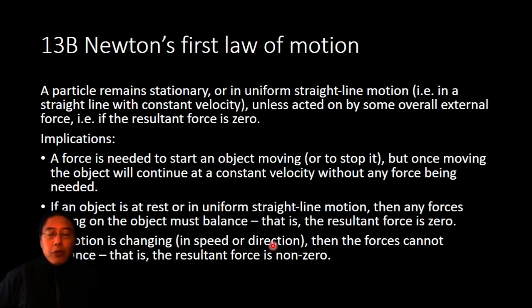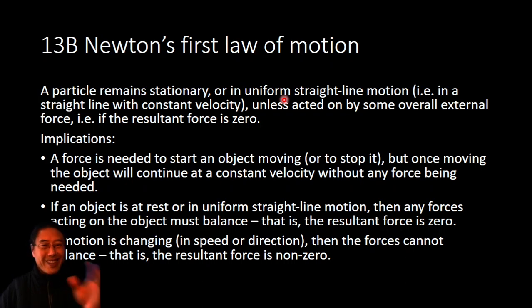Alright, let's start with the first one. It is the first law of motion, which is a particular situation of the second law, which I prefer, because the second law actually absorbs the first law itself.